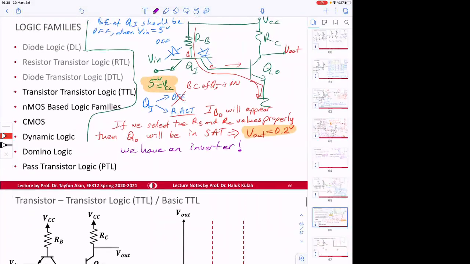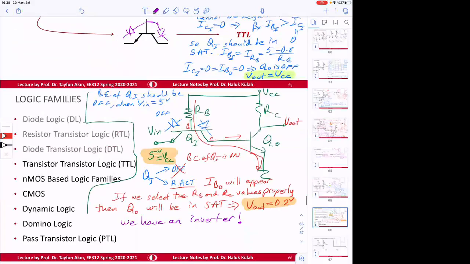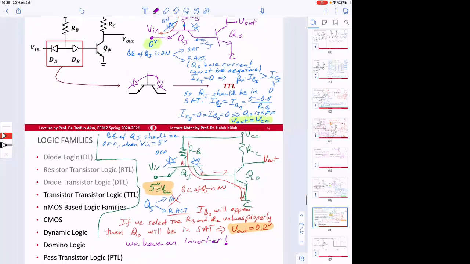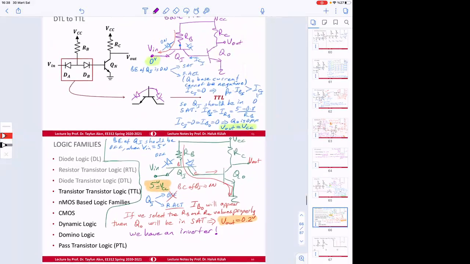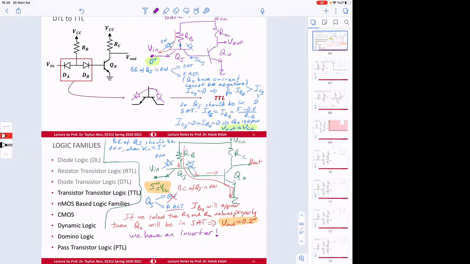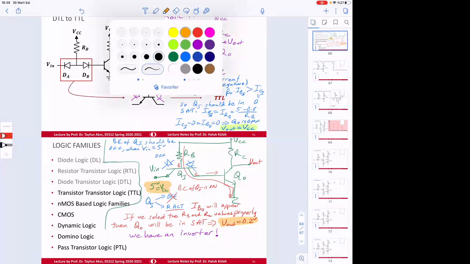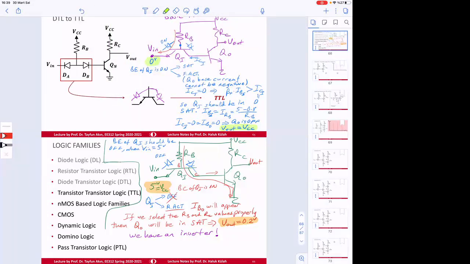Okay, is that clear? So input is 0. Input is 0. QI is SAT. Okay. So this is in SAT.